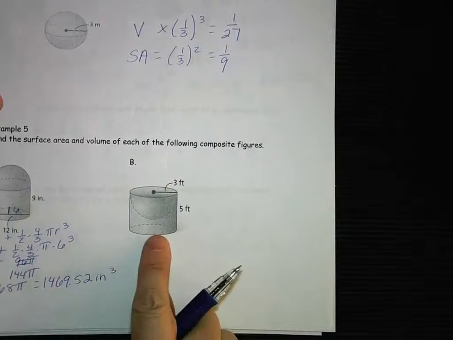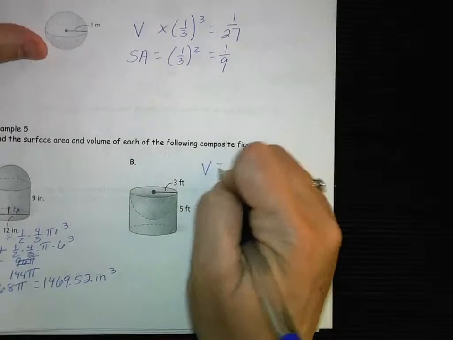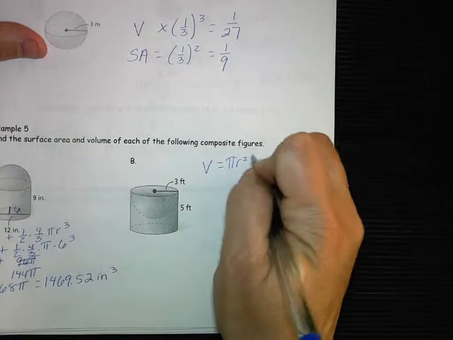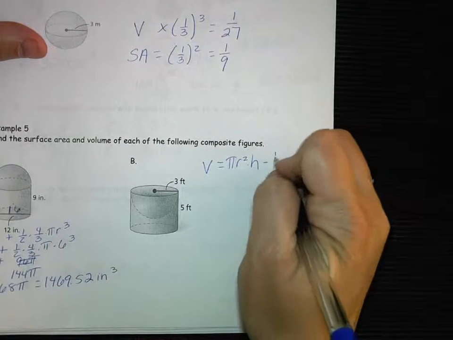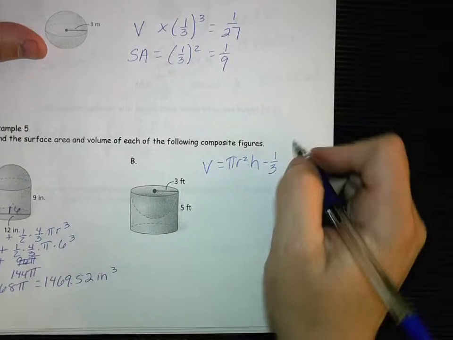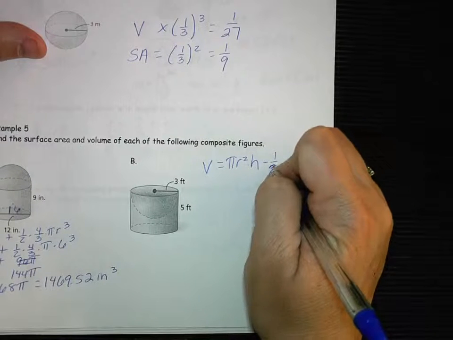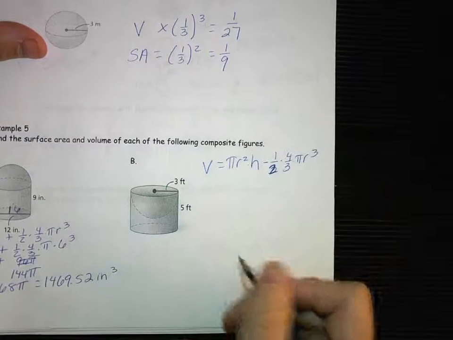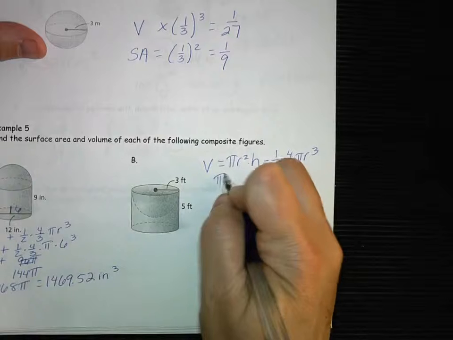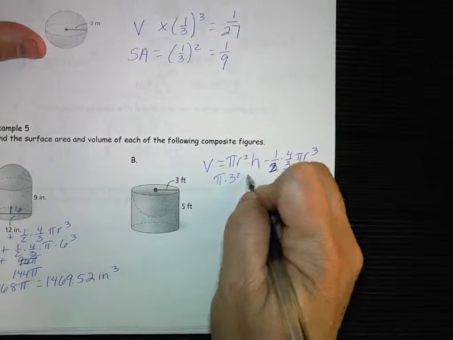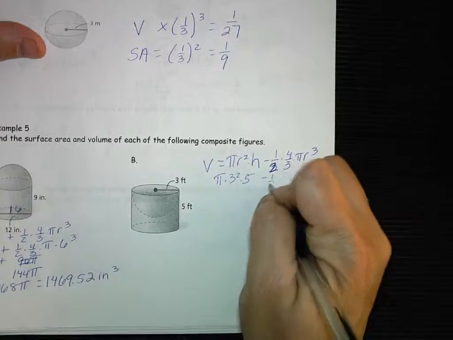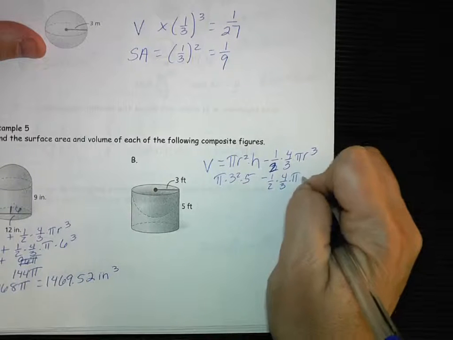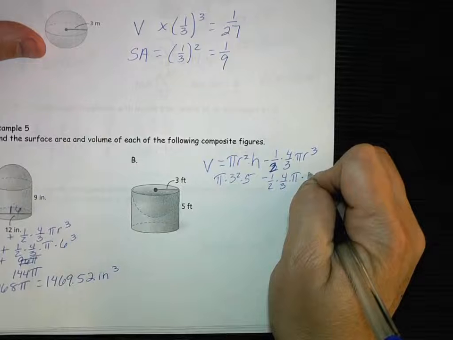Our volume here for letter B, we're going to subtract the volumes. So we will have pi r squared times height, and then we will subtract half, because it's a hemisphere, 4/3 pi r cubed. So we have pi times 3 squared times 5 minus 1/2 times 4/3 times pi times 3 to the third.